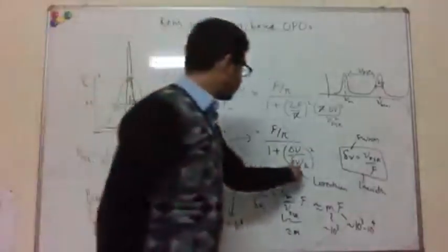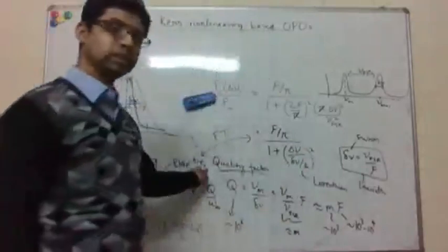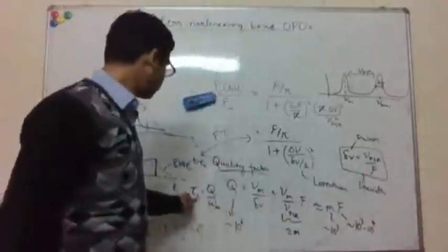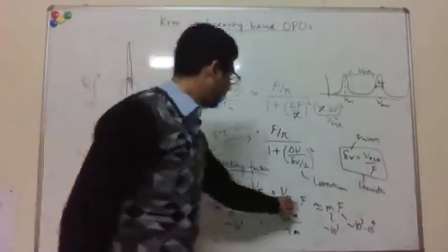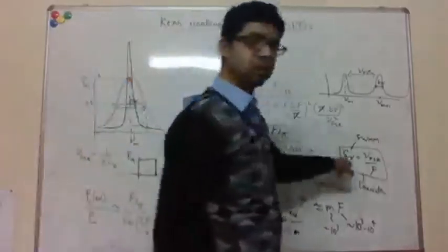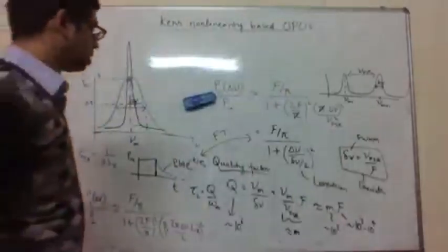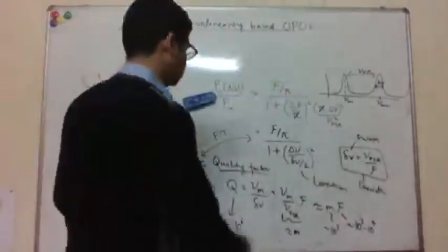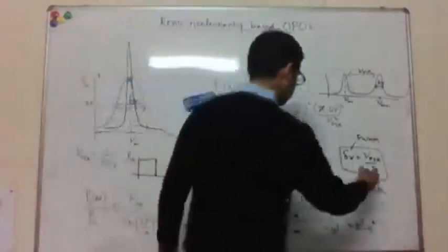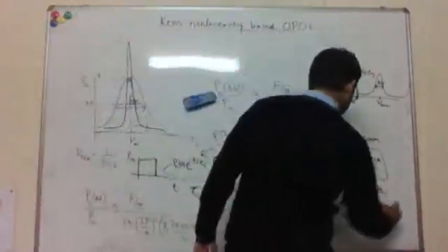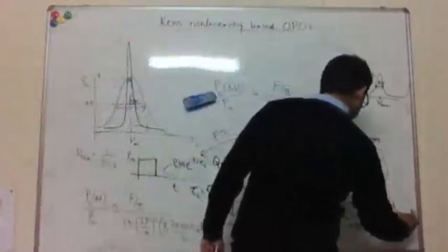Again, this line width is related to tau c, because tau c is given by Q, which is related to the finesse, which is related to the line width. In other words, the line width is inversely proportional to tau c.